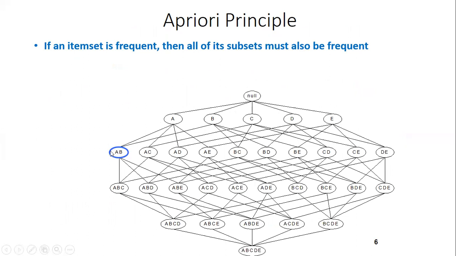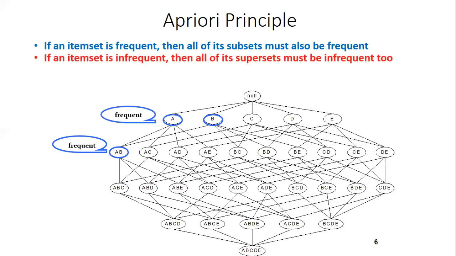Frequent item set in the sense that most of the customers who purchase A also purchase the item B. So AB goes together. So if AB is a frequent item set, then the subsets of AB, A and B, are also frequent.